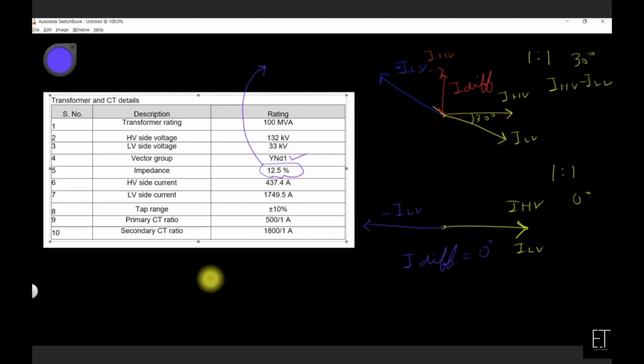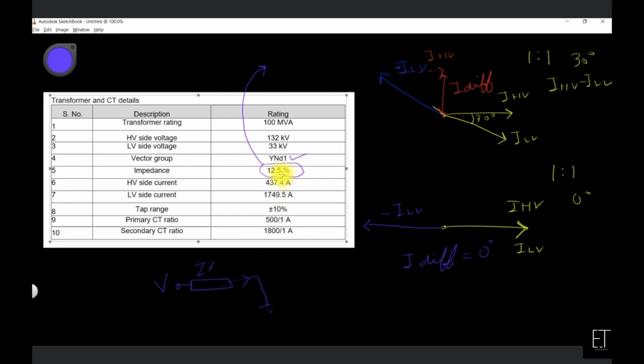If I make an equivalent circuit for the transformer, you can see this is the percentage impedance and this is the ground fault. It means this is the voltage here. Simply, the fault current will be limited by the percentage impedance of the transformer. So the higher the percentage impedance, the lower the fault current.